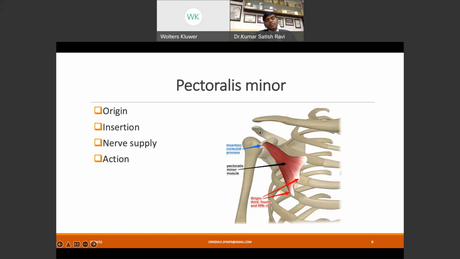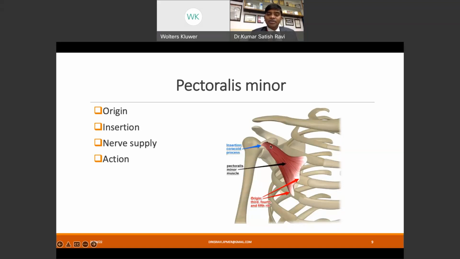So when we talk about the insertion of the pectoralis minor muscle, it converges upwards and laterally to form a flat tendon, and it is inserted on the medial border of the coracoid process, and apart from that, on the superior or upper surface of the coracoid process. So this is the tip of the coracoid process, this will be the lateral border, and over here you have the medial border.